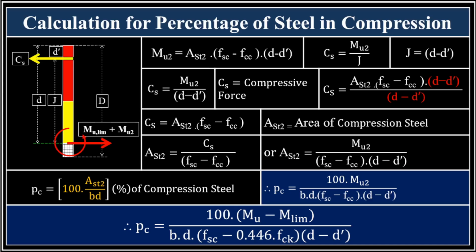For singly reinforced sections, we primarily considered the effective depth of the tension steel. But for doubly reinforced sections, we must consider the effective cover for both the compression and tension zones. For the compression zone, this is specifically referred to as the d dot level.